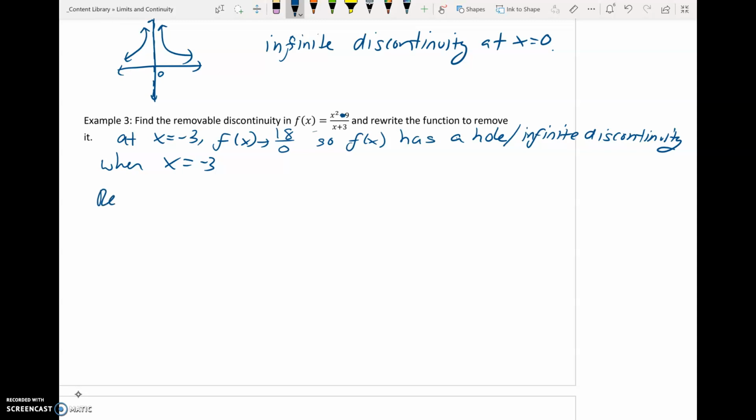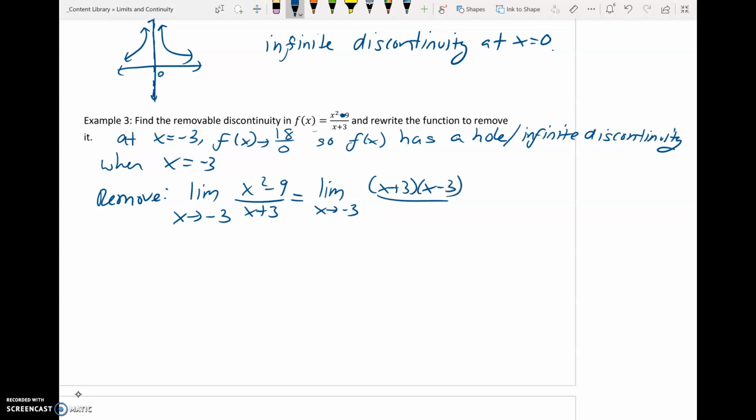So if we want to remove this, let's look at the limit as we approach -3. You would want to factor the numerator. And then you can see you could cancel out top and bottom, x plus 3. Then we're left with x minus 3.